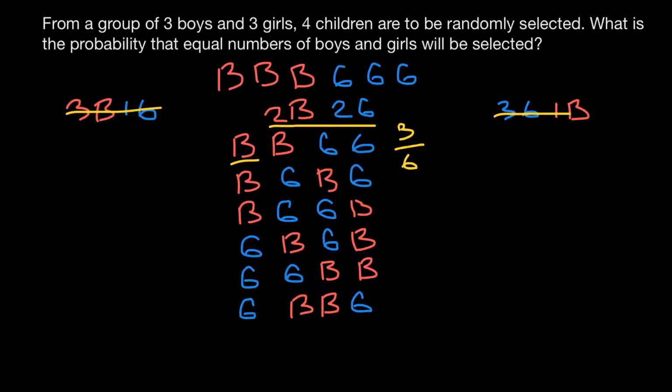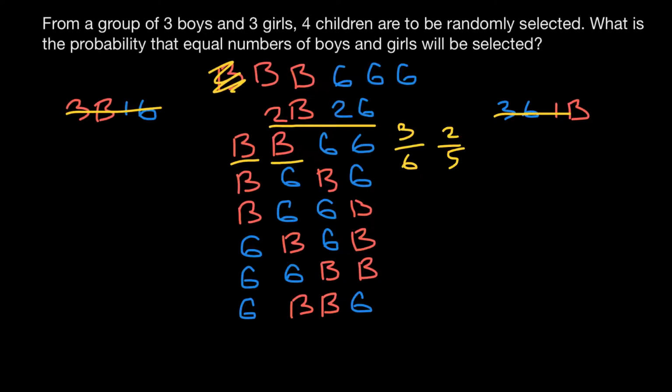Now we have to choose a second child, and it has to be again a boy. We already chose 1 child. So now what is the probability to choose a second child a boy? We're choosing out of 5 children, and 2 of them are boys. So the probability would be 2 out of 5.